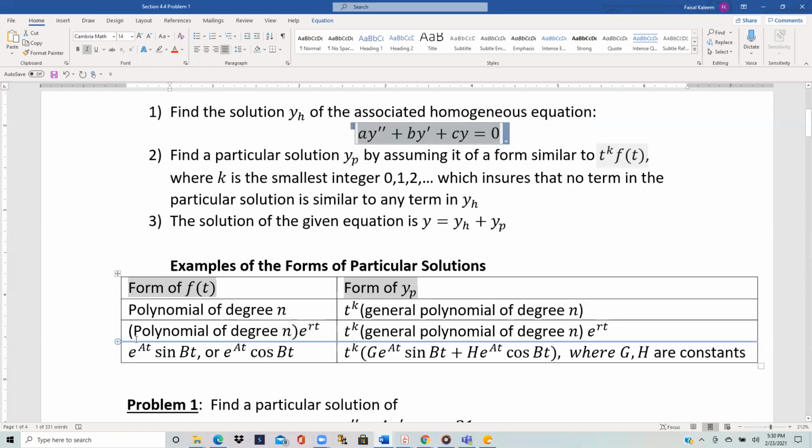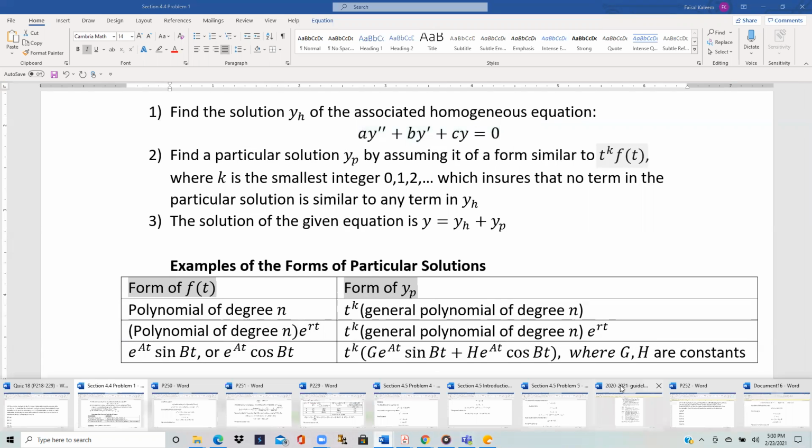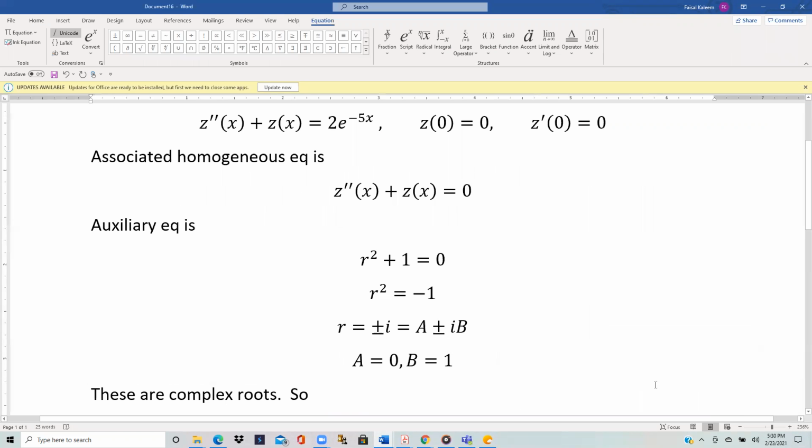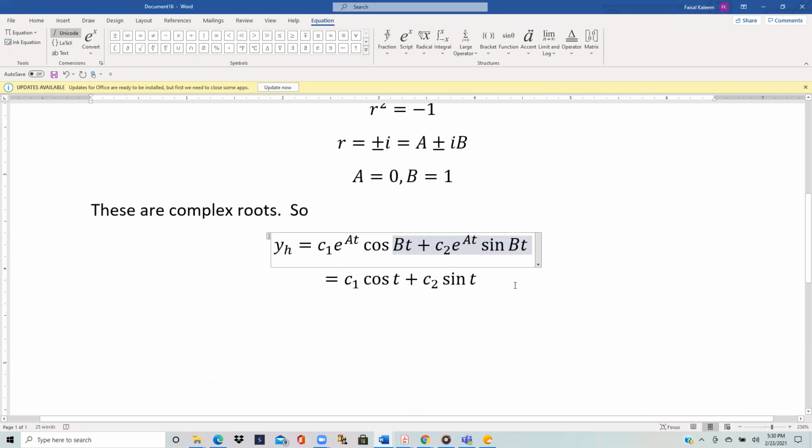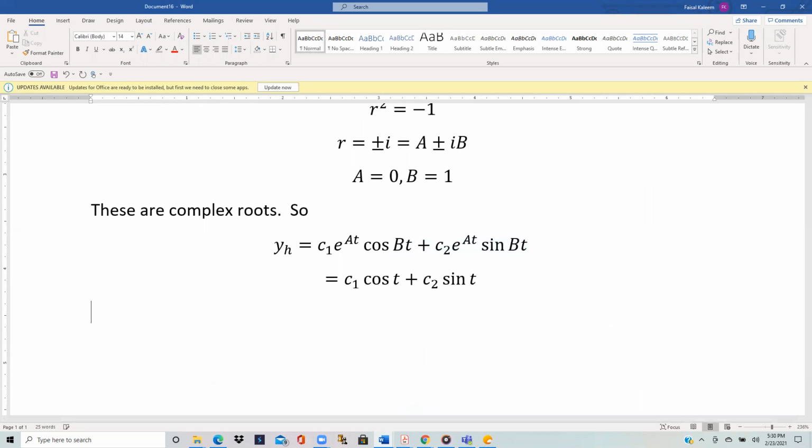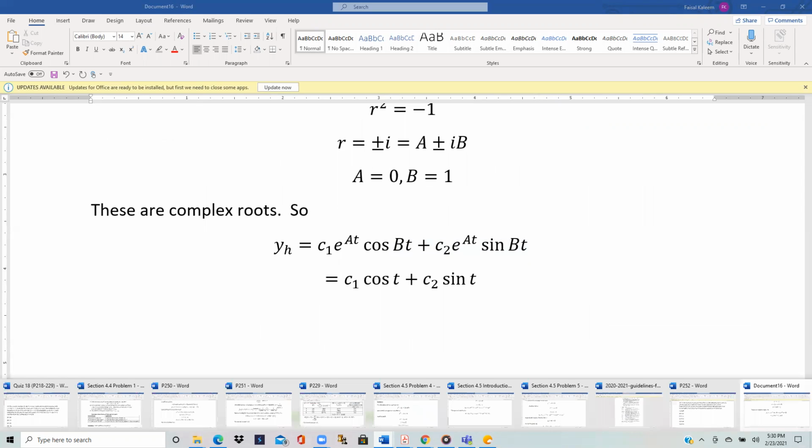Here the polynomial is not there, we just have the exponential, so the polynomial term will be missing and we'll only have the general exponential form. So let's copy the template for YP.